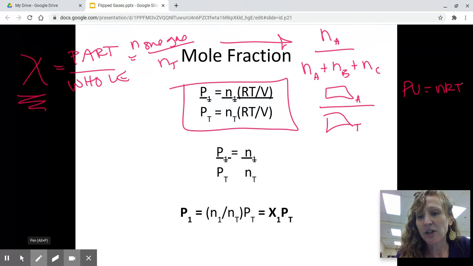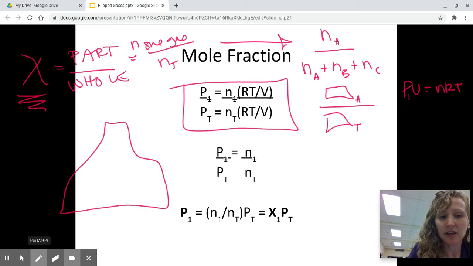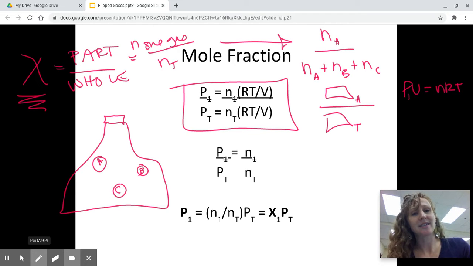So that's pressure of your one specific gas. Now, volume of your one specific gas, if we have, let's say, a flask here that's sealed off, and we have gas A, gas B, and gas C in that flask. The volume of gas A by itself would be the flask. The volume of A, B, and C together would be the flask.